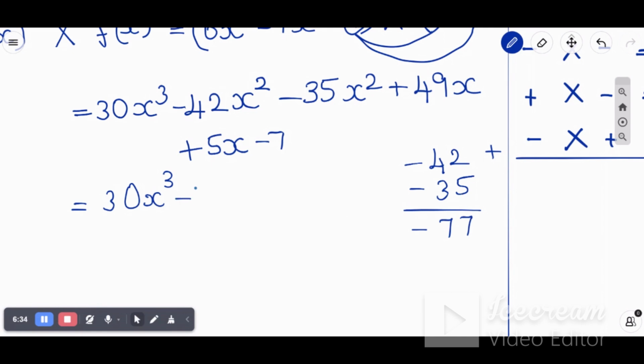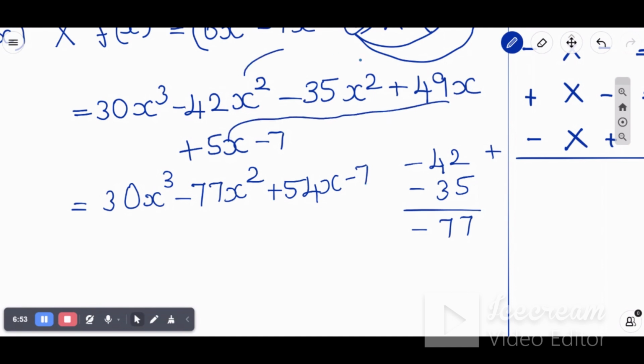So you have got minus 77x square. And the next step will be plus 49x and plus 5x. So that's simple, 49 plus 5, so that will be your 54. 54x and your minus 7. So I have clubbed these two x terms together and these two x squares together, minus 7. So we have arrived at our answer.